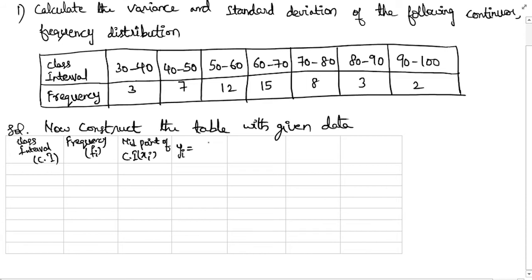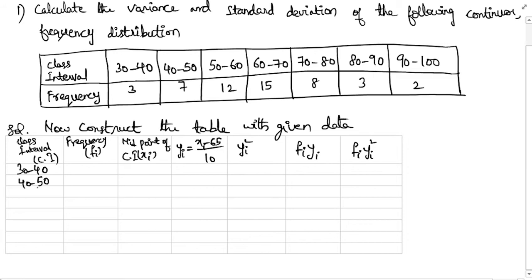Then this is Yi, which is equal to (Xi minus 65) divided by 10. And this is Yi square, and this is FiYi, and this is FiYi square.